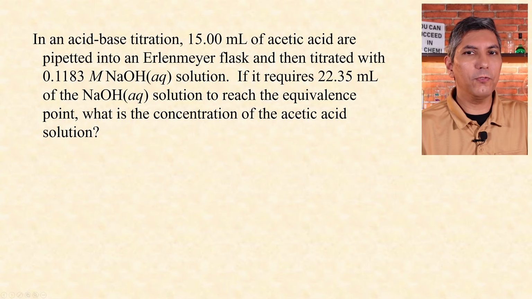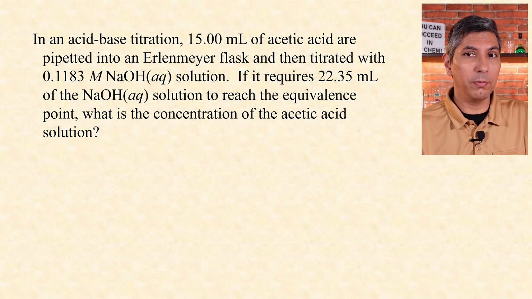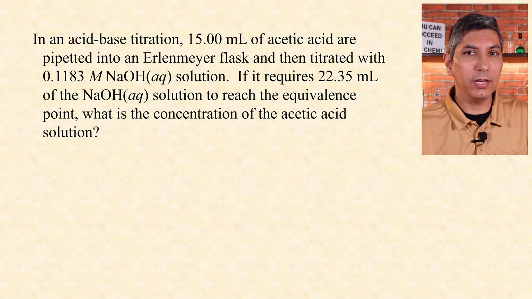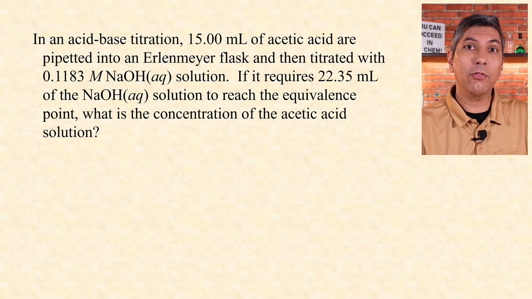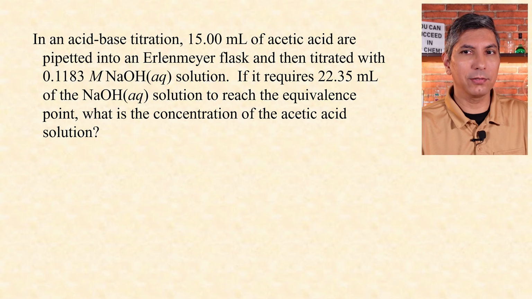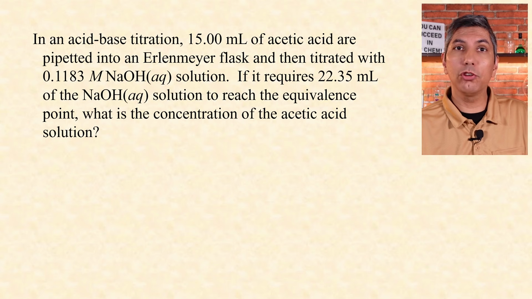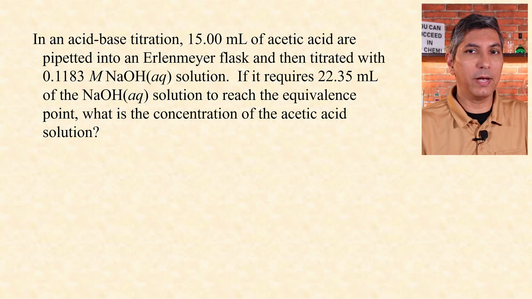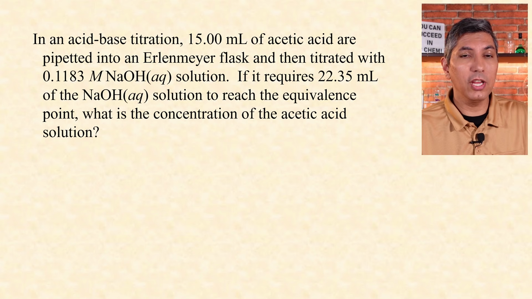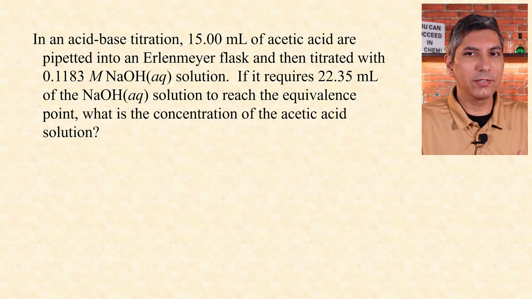So if we have an acid-base titration where 15 milliliters of acetic acid are pipetted into an Erlenmeyer flask and then titrated with 0.1183 molar sodium hydroxide solution, and if it requires 22.35 milliliters of the sodium hydroxide solution to reach the equivalence point, what is the concentration of the acetic acid solution?